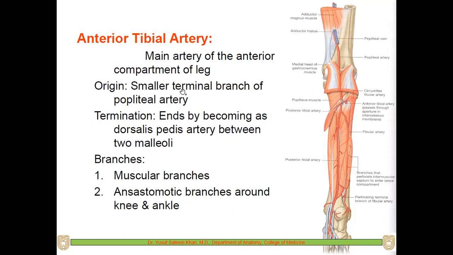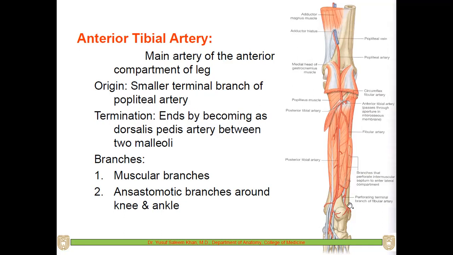Origin: the smaller terminal branch of the popliteal artery. The popliteal artery, as we said, gives two important branches. The larger is the posterior tibial artery, and the anterior tibial artery is the smaller branch. So this is the smaller terminal branch of the popliteal artery. Termination: it ends by becoming the dorsalis pedis artery.